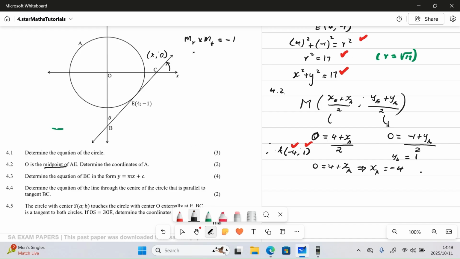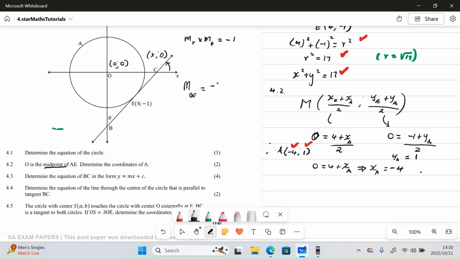Remember, we need to find the gradient of a tangent, and we know that the tangent has a relationship with the radius. The two are perpendicular. So BC is the equation of a tangent. So we need to find the gradient of the radius. We can also say OE, which is the radius. Coordinate here is 0 and 0.